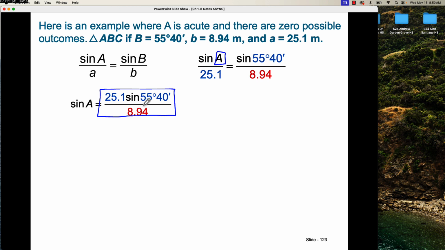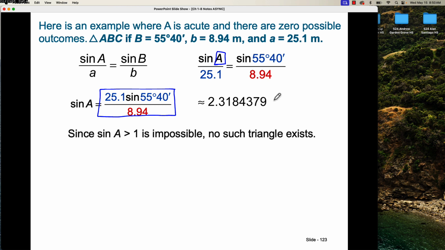Well, if you pick up your calculator and type this in, make sure you're in degrees, typing in from left to right, top to bottom, you're going to get approximately 2.3184379. For sine of angle A to be approximately 2.31 and so on, that's not possible. This is outside of the domain of sine.